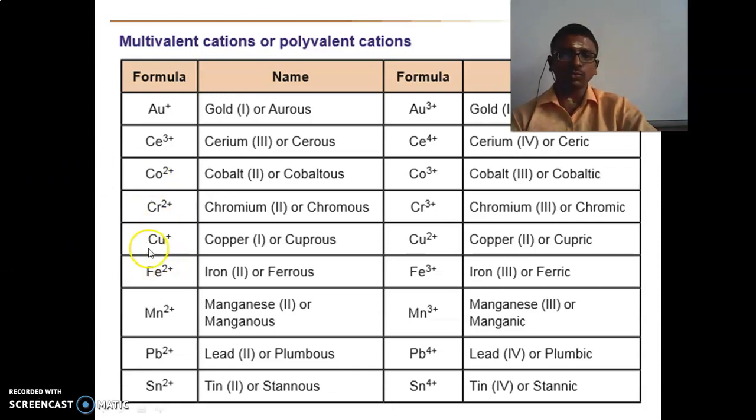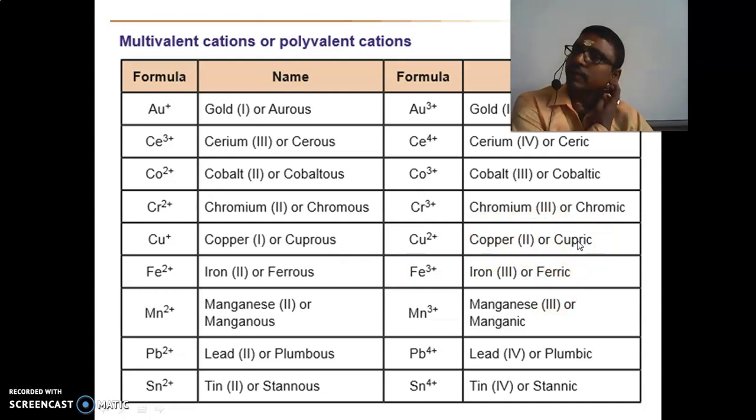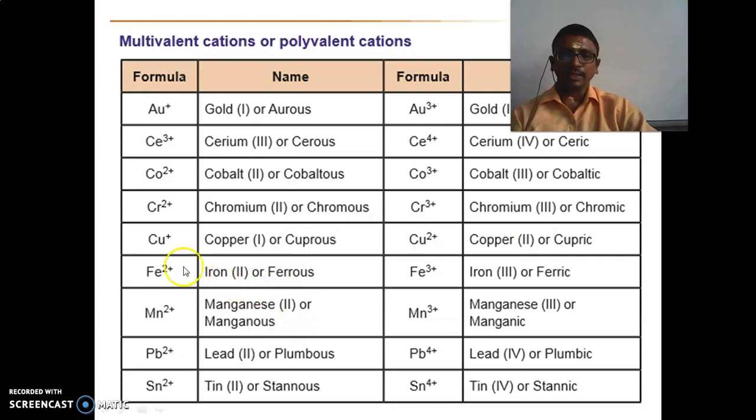Next is Cu plus, Cu2 plus. Copper has valency 1 and valency 2. 1 means copper 1, 2 means copper 2. So copper 1 or cuprous, copper 2 or cupric. Cuprous means the valency is plus 1. Cupric means the valency is plus 2, the higher valency. Next is Fe2 plus or Fe3 plus.